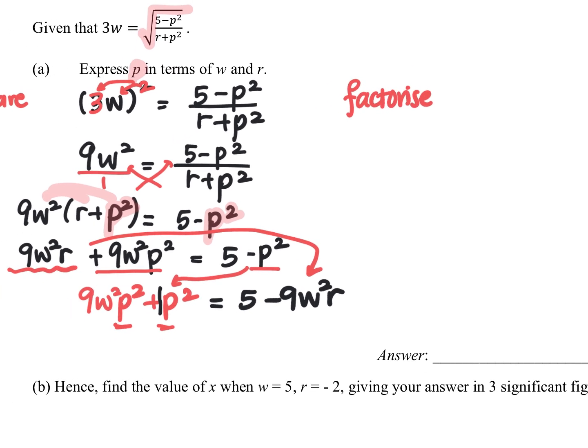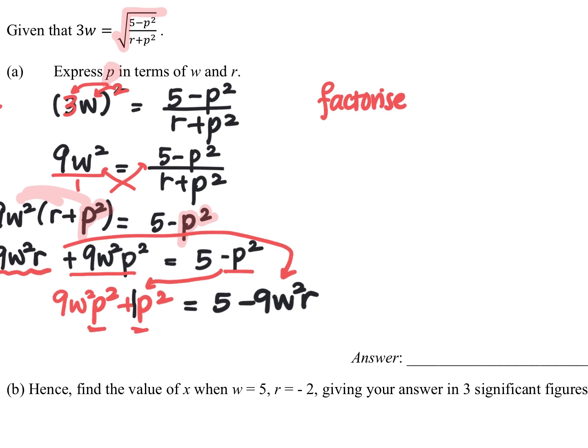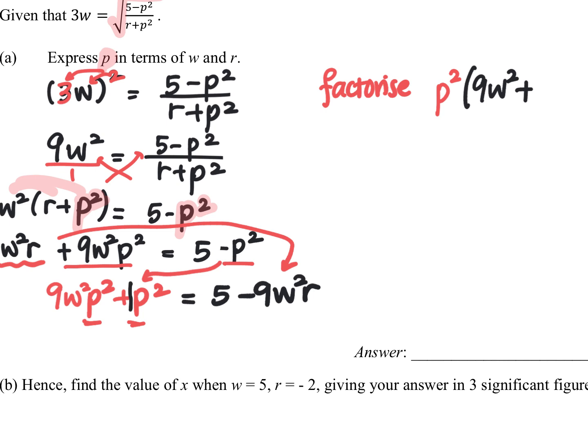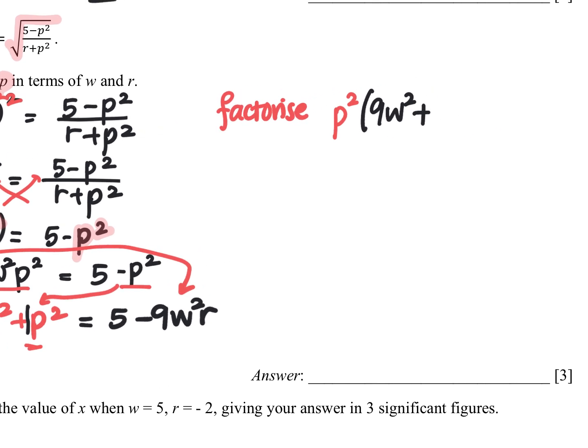So when I factorize out the p square itself rather, okay, I'm left with a 9w square plus this thing over here is not empty, it's the number 1 whole unit. Remember, if you have two terms here, there will also be 2 terms inside your bracket. So this one will be 9w square plus 1. Okay, maybe some of you might have gotten the 1 correctly.